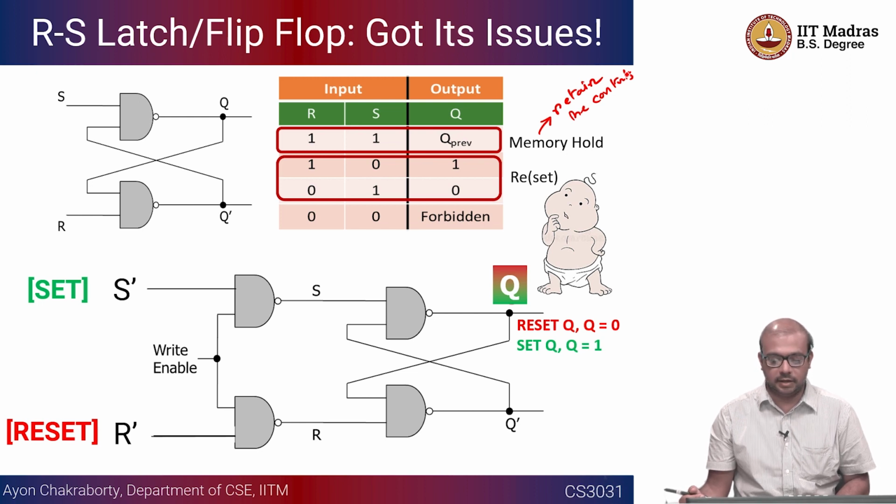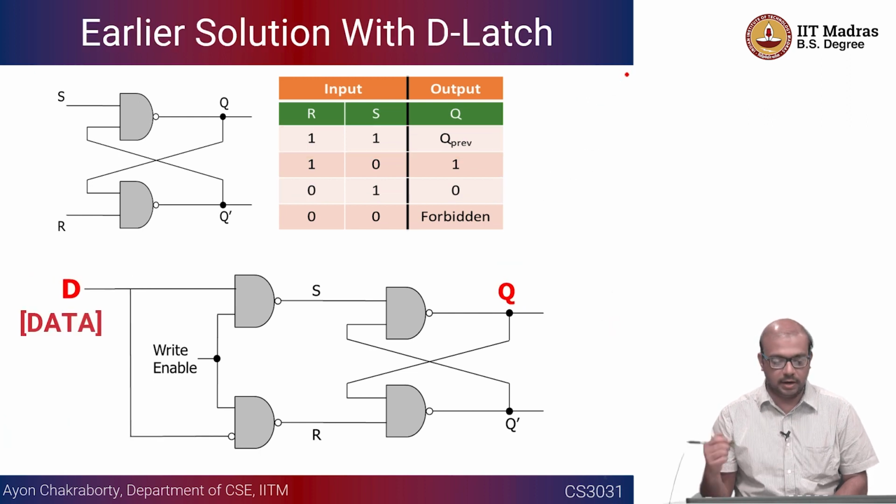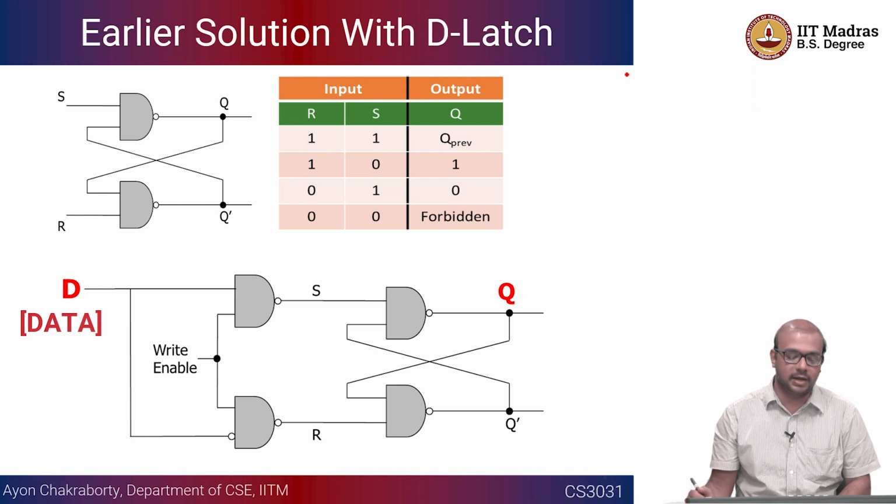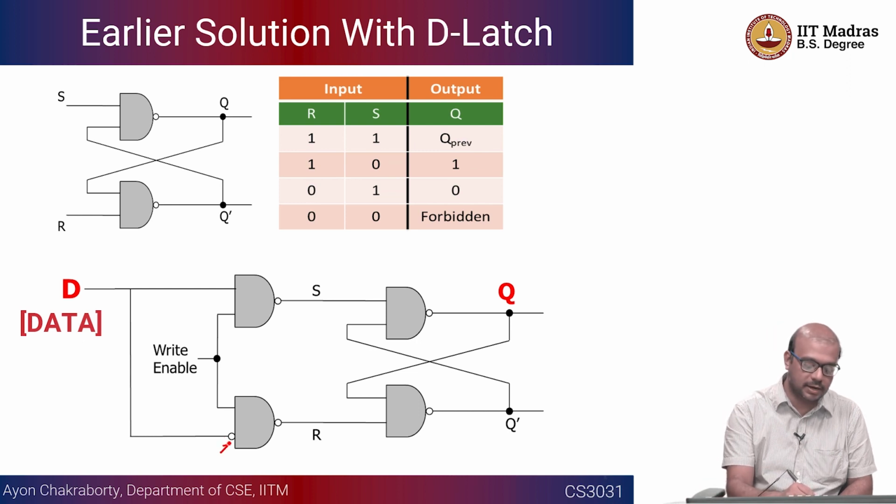Okay, so we saw one solution using the D latch, where instead of supplying S and R independently, we were forcing that S and R are complements of each other, and that was achieved by using a NOT gate here. So if you look at this portion of the slide, there is a NOT gate here.